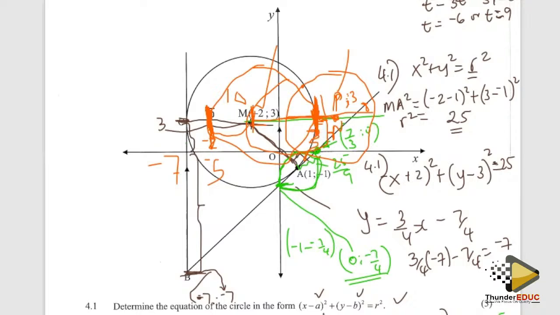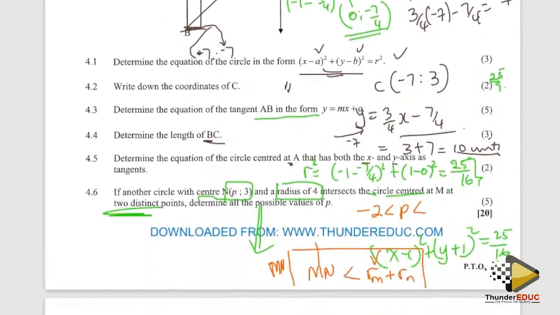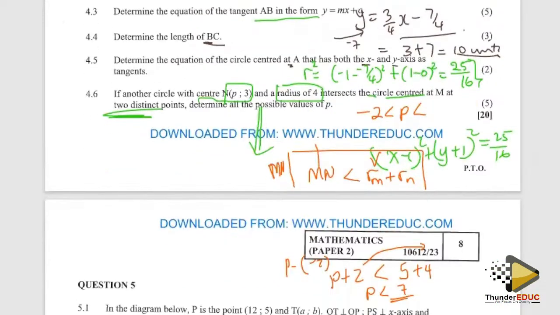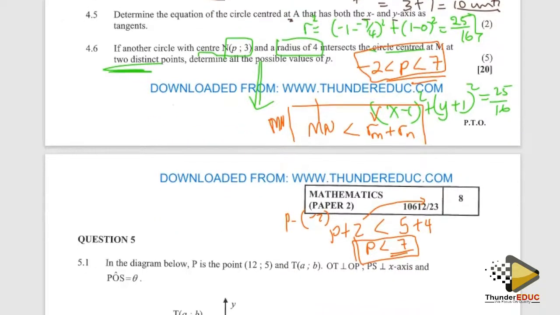So let me just indicate it as a negative 5. And remember I said P must be less than 7. So between negative 2 and 7, that's where we can have our values. That's the interpretation of that.